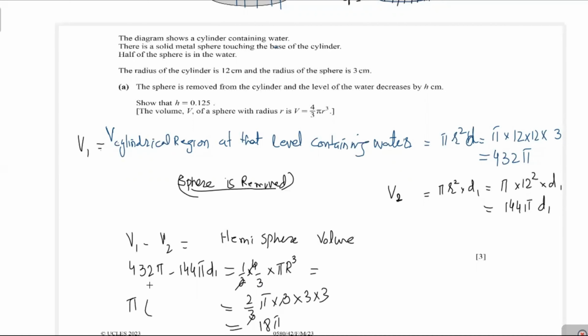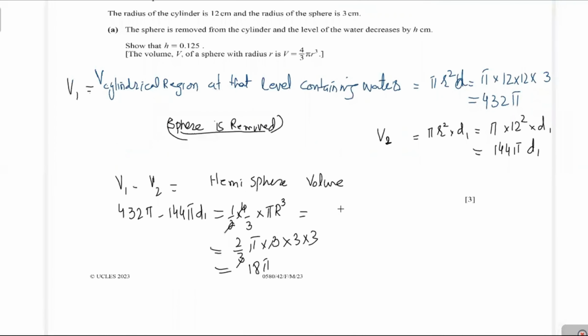Take the common pi. That's equal to 432 pi minus, now that value will be equal to, 5 is taken as a common, 432 minus 144 d1. Now pi will be cancelled. Therefore, 432 minus 144 d1 equal to 18.